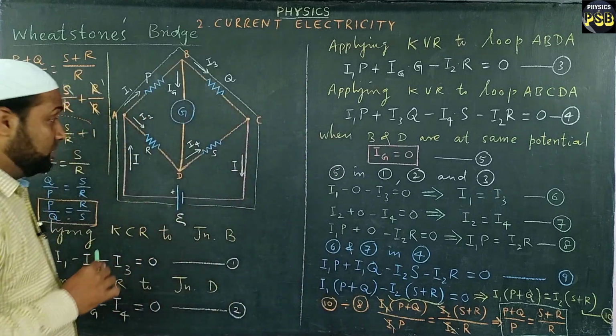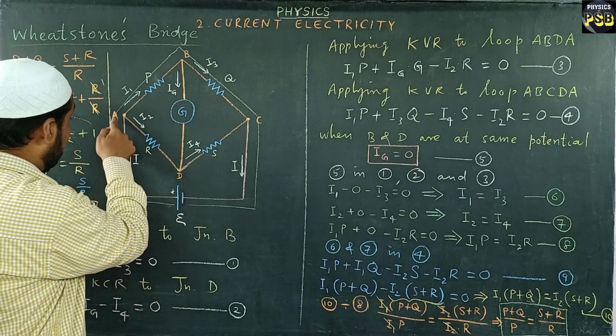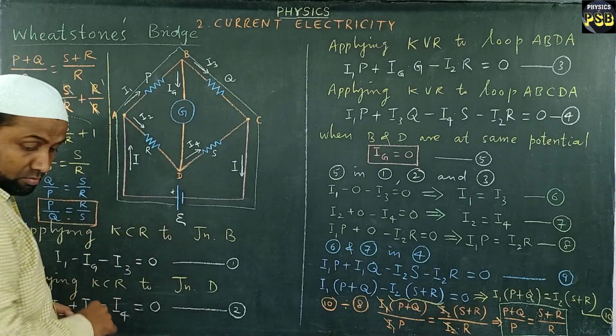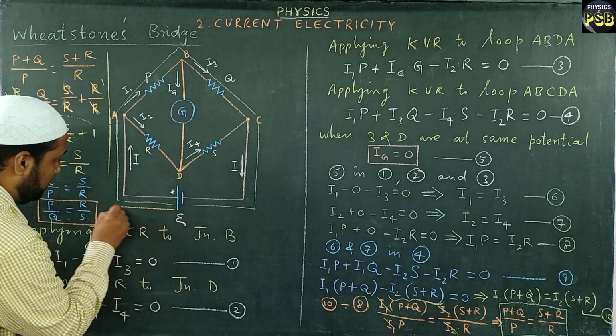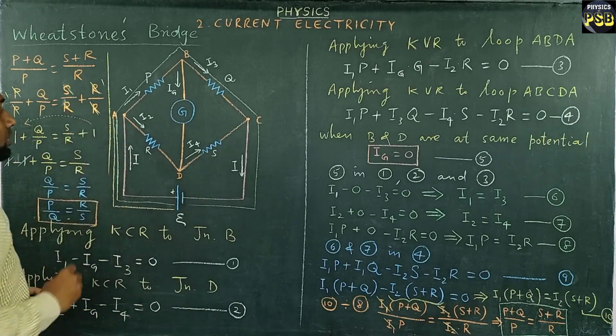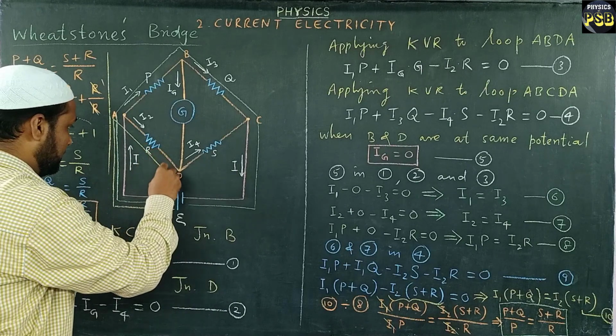So suppose after reaching this end, the current has chosen this path. Start from here, this point A. From there it starts moving in this direction.